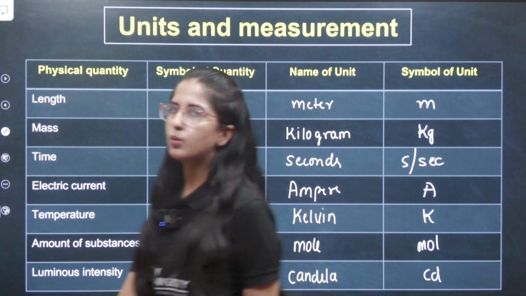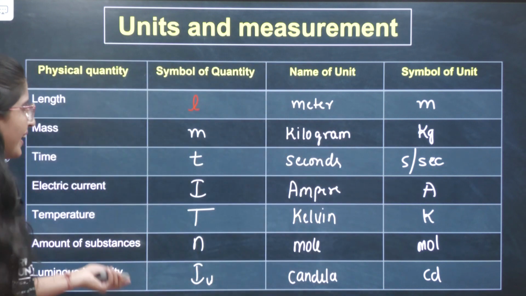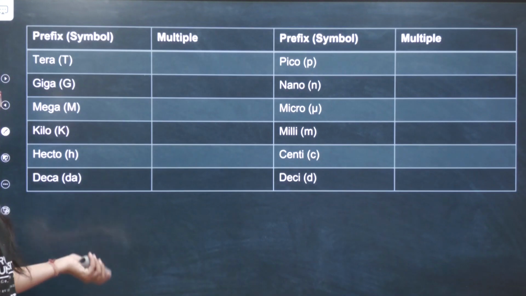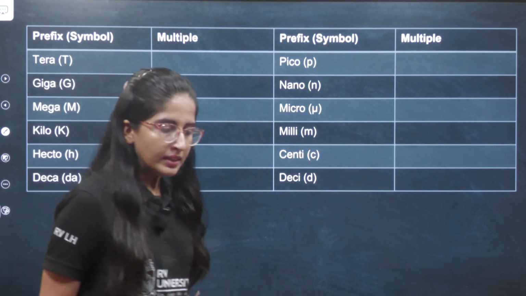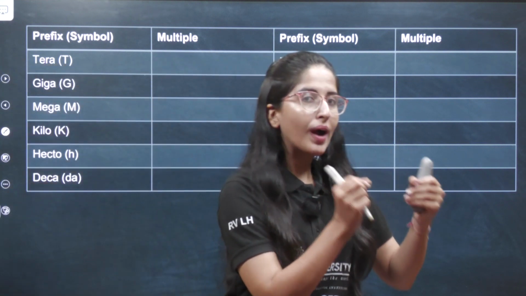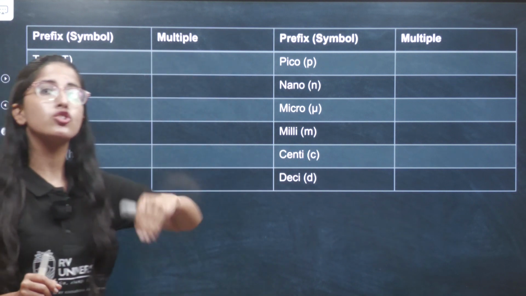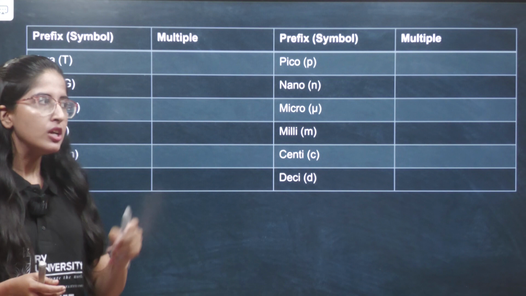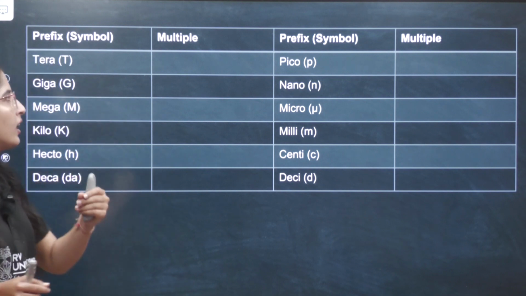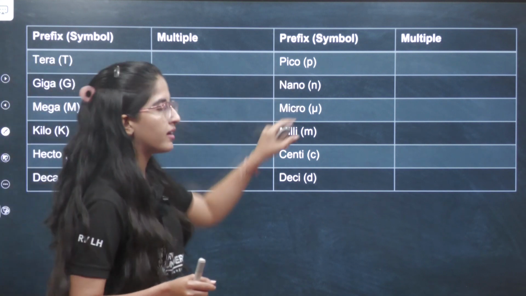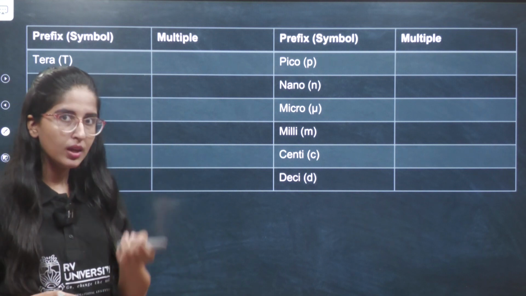So these are the physical quantities you must know. It is very easy, I guess. So next is how these physical quantities will be associated with powers, multiples of 10, you can say. Okay. So see, if picometer is given in the question, what does that mean actually?